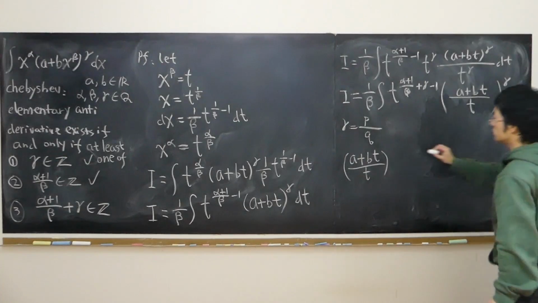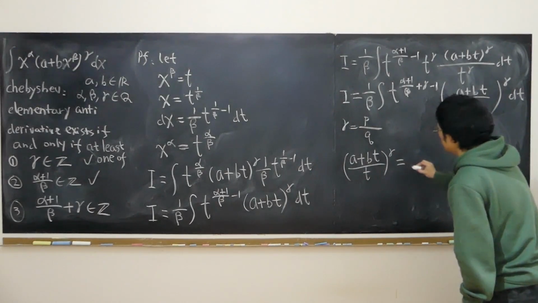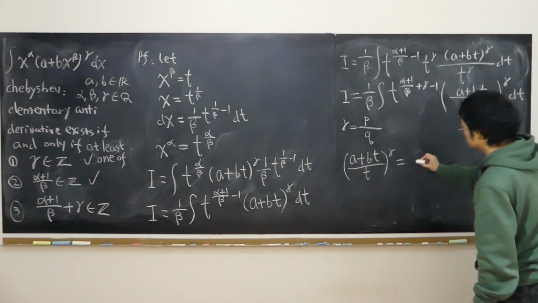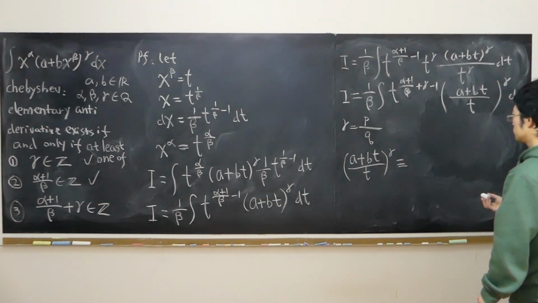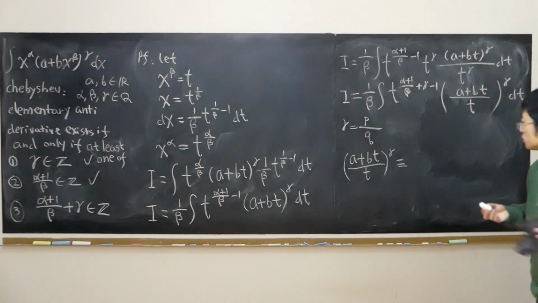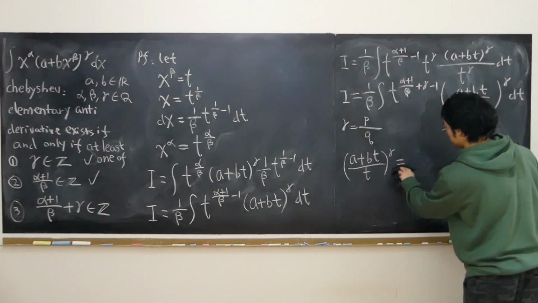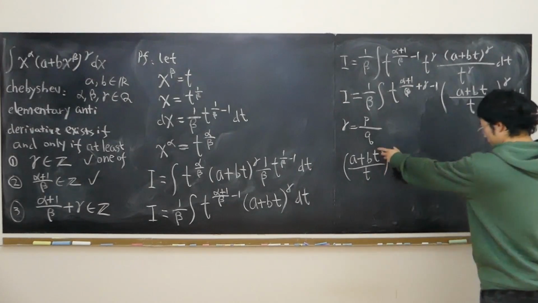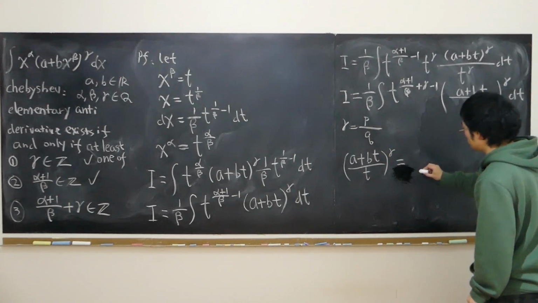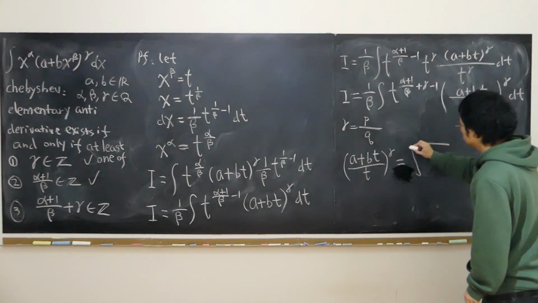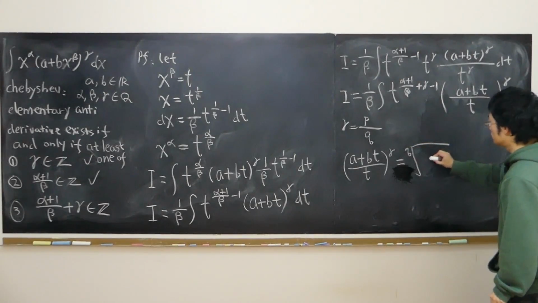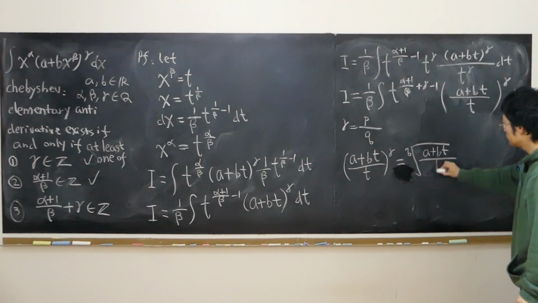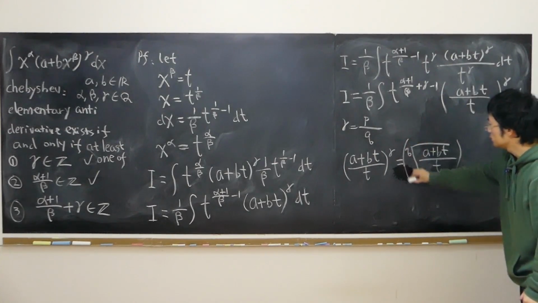Copy down this item to the power of gamma, replace gamma with p over q and rewrite it as, what can we rewrite it as? Again, we have q at the bottom, so it's going to be the qth root of a plus bt over t raised to the power of p.